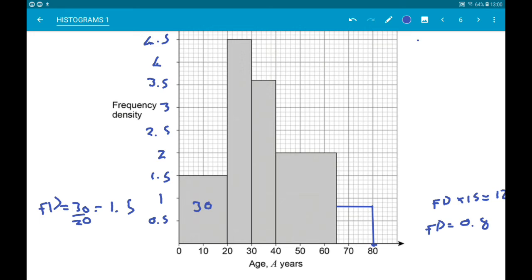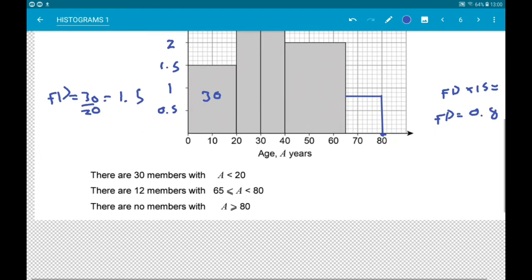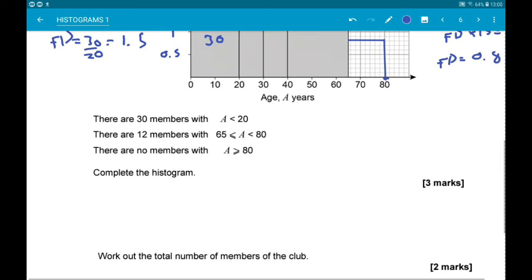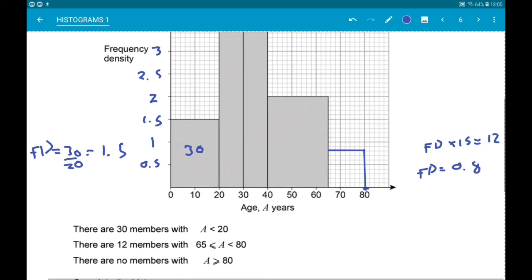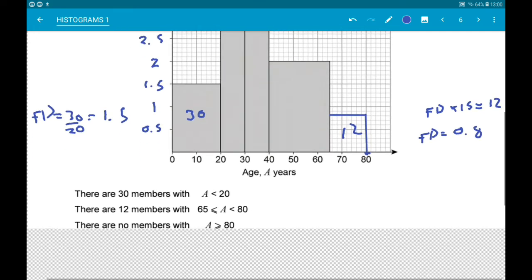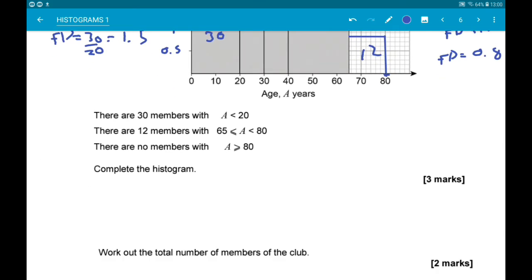Good times. Okay then, part B wants us to work out the total number of members in the club. We know there are 30 in the first bar and 12 in the final bar. So at the moment, that's 42.